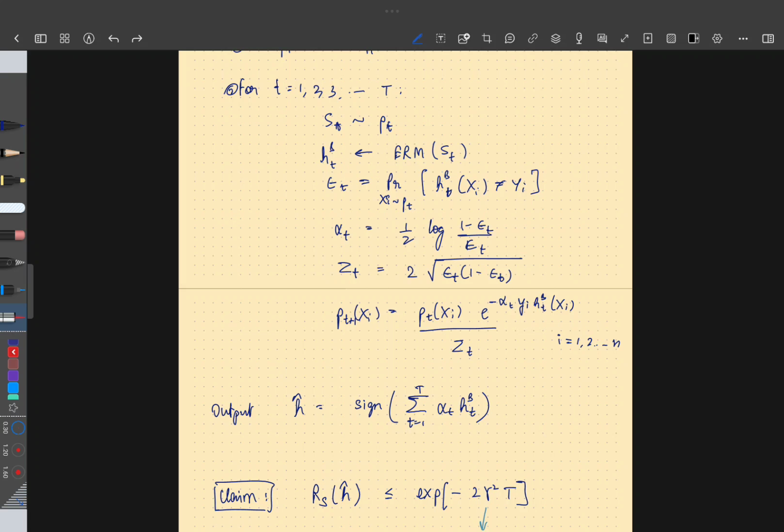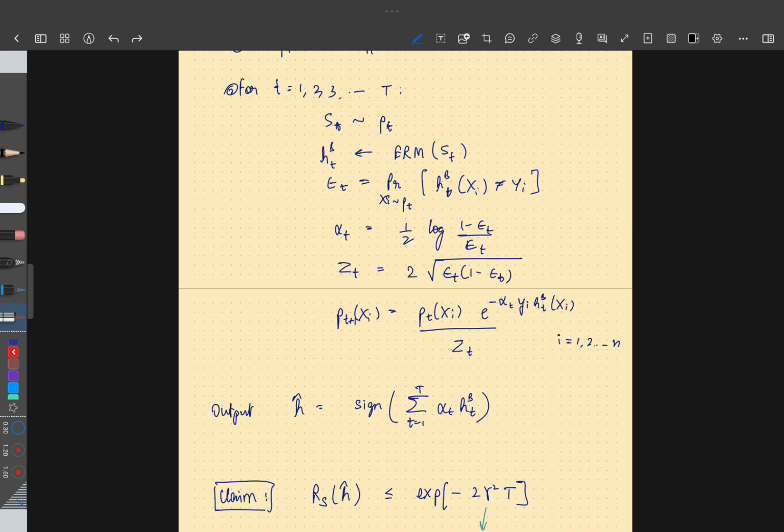The high level idea of selecting these distributions is that we choose the distribution at the t-th step to give higher weightage to those points which were predicted wrongly by the classifier in the t-th step. So p_{t+1}(x_i) is going to be greater than p_t(x_i) if h_t(x_i) differs from y_i.